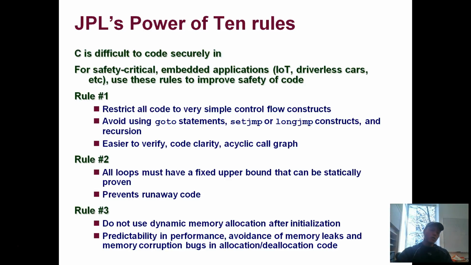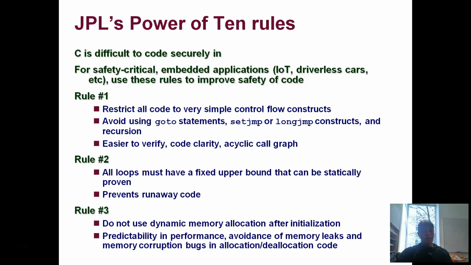And so the power of 10 rules are things to think about when you're programming C to keep your program as safe and secure as possible. This is intended for mission-critical, safety-critical applications, and they're used to improve the quality of your code.